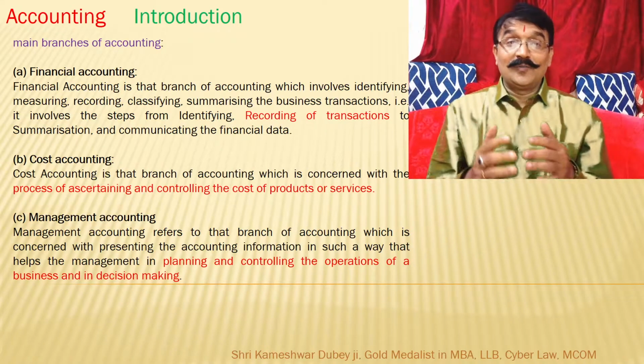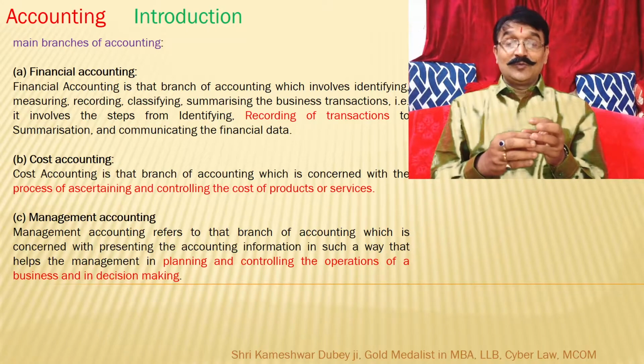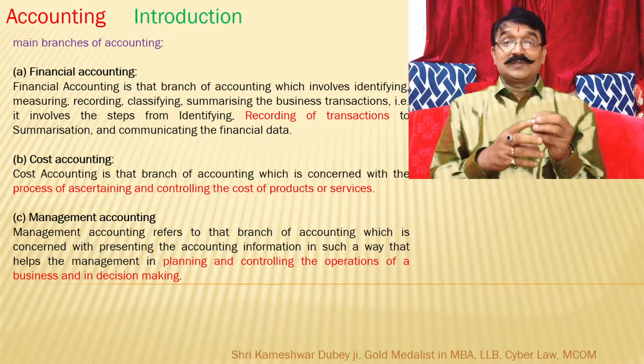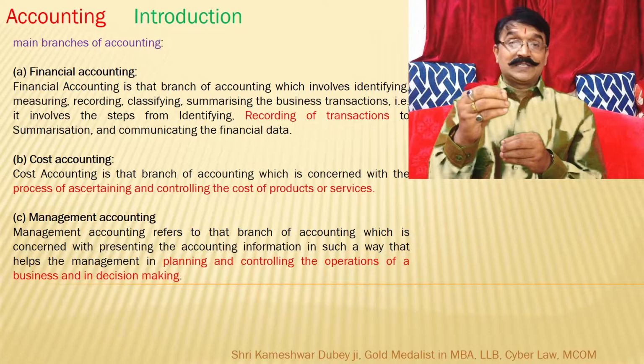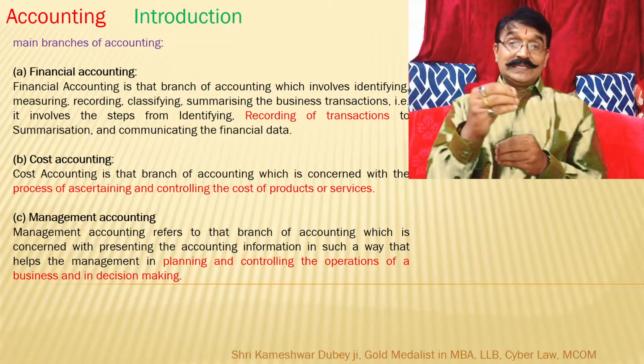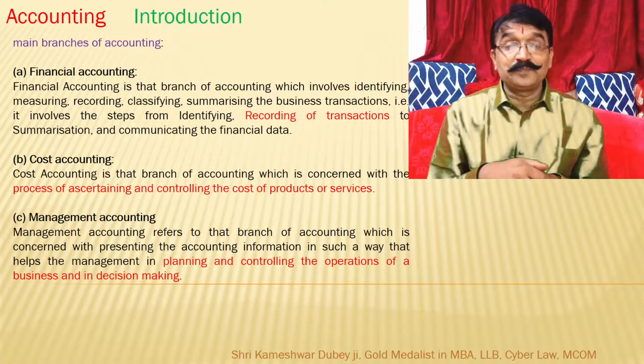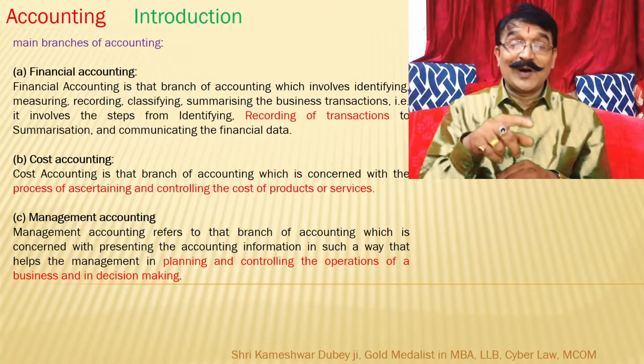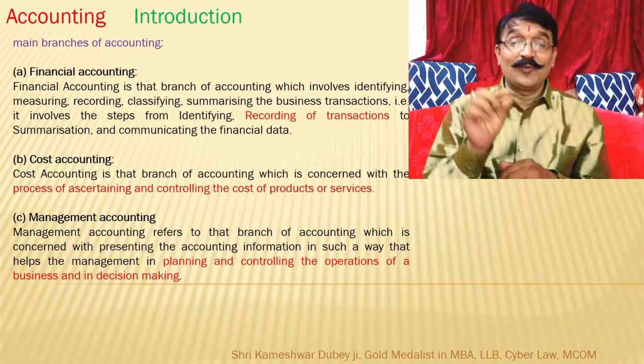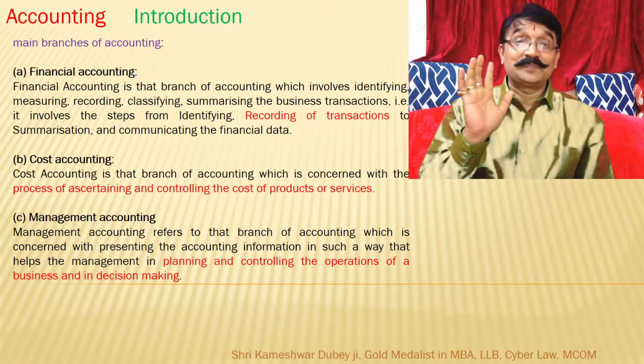So how much cost is incurred to make a product, or how much cost is incurred to provide a service, that is ascertained by cost accounting. Cost accounting tells how much is the total cost of one piece of a product.